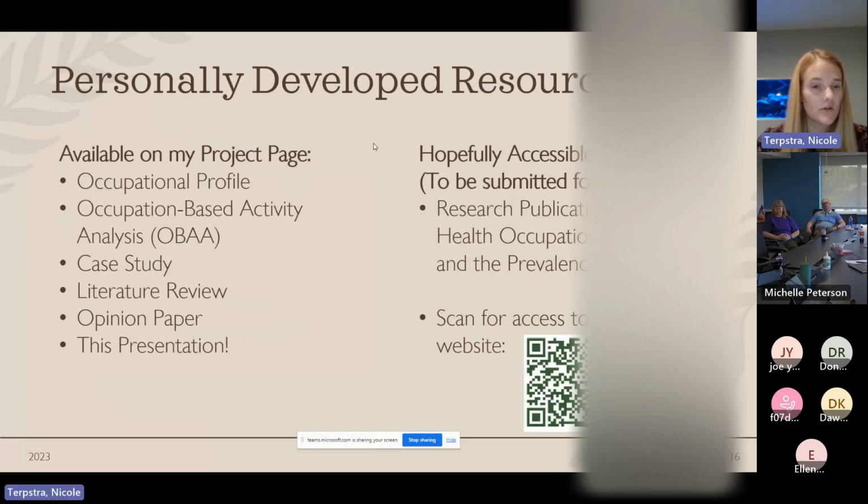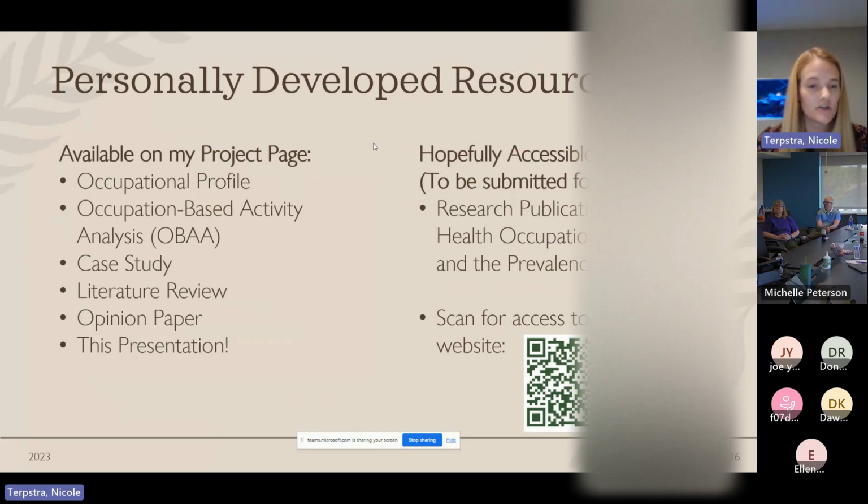Next up, I created an occupation-based activity analysis, which looks at specific activities and breaks them down into the smallest of details. Next, I also created a case study, which goes through an older adult's experience with excessive clutter who is receiving home health occupational therapy services following a stroke.